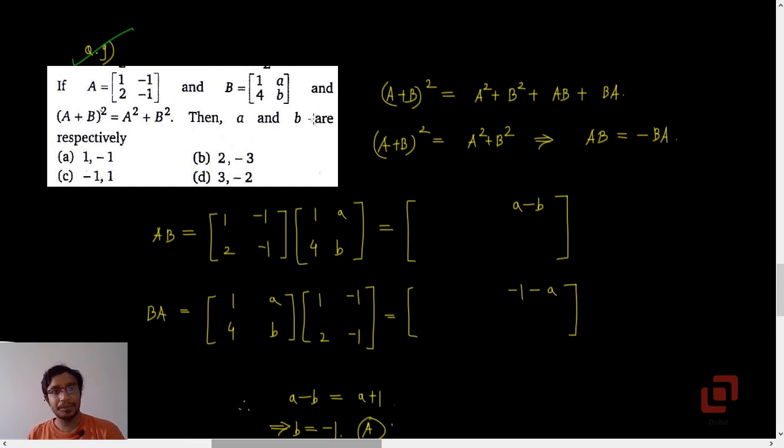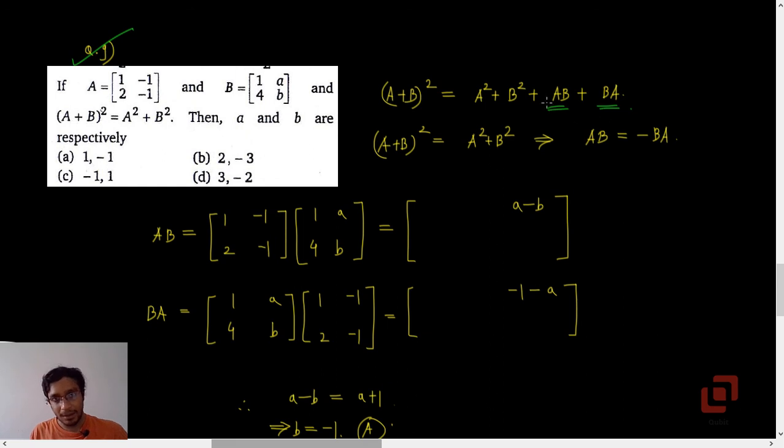So let's start. We will start with this equation given in the problem. Okay, that A plus B squared is equal to A squared plus B squared. Now if you expand A plus B bracket squared, remember A and B are not numbers. Okay, they are matrices. So the matrix multiplication is not commutative as we have seen earlier. So if you expand A plus B squared, it will be A squared plus B squared plus AB plus BA.